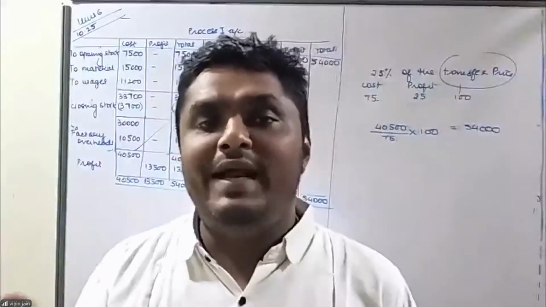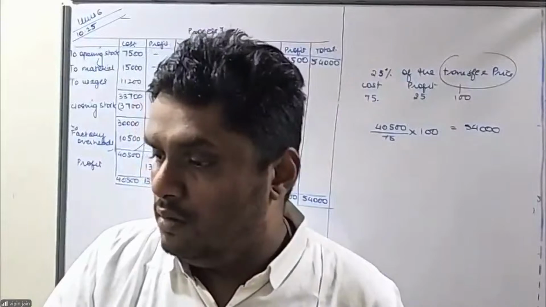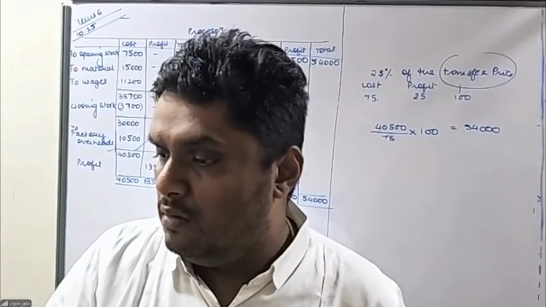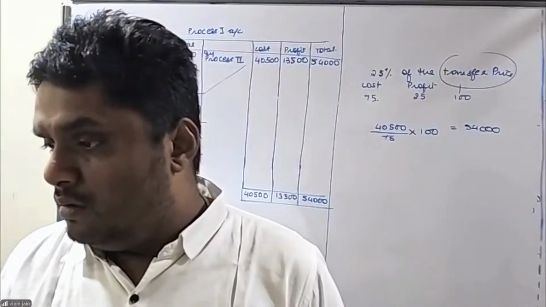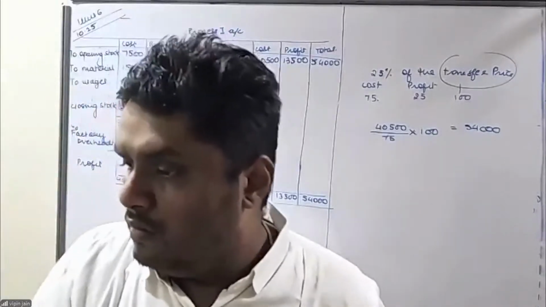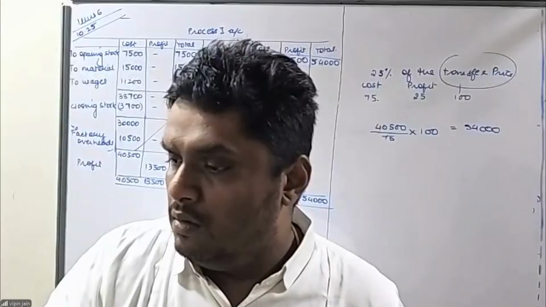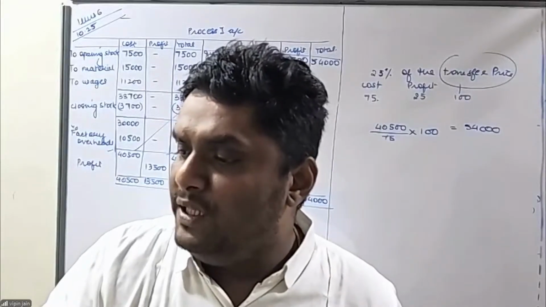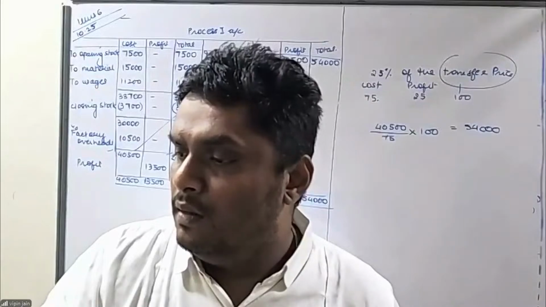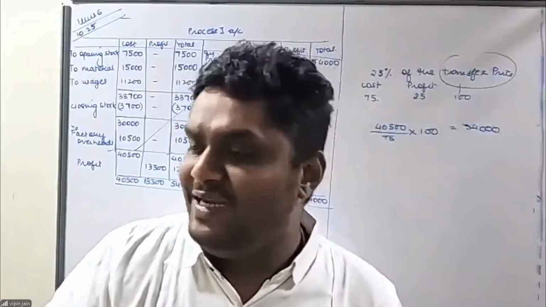This is how we will get the prime cost. Yes, this is the format to calculate. Further, closing stock is to be deducted before factory overheads.